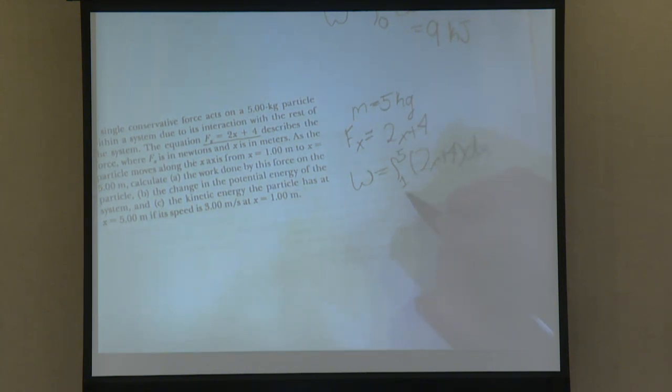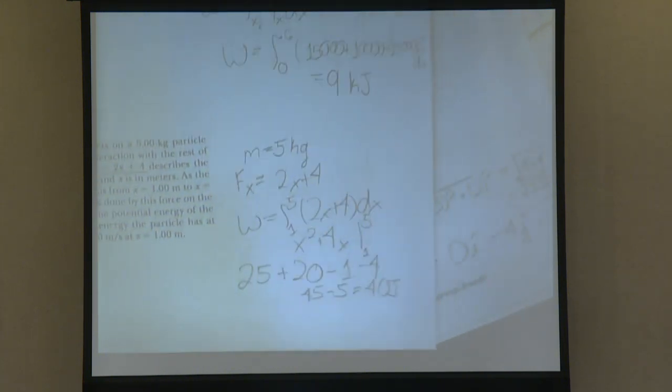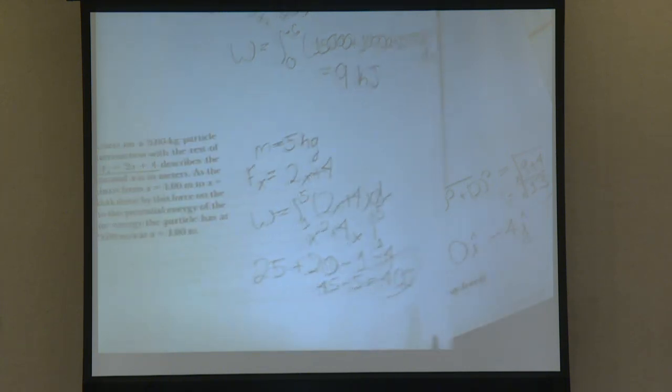So when we integrate that, we have x squared plus 4x from 5 to 1. When you plug all of this in, it's 25 plus 20 minus 1 minus 4. That's 45 minus 5, which is equal to 40 joules. Okay? So that's your answer for part A.